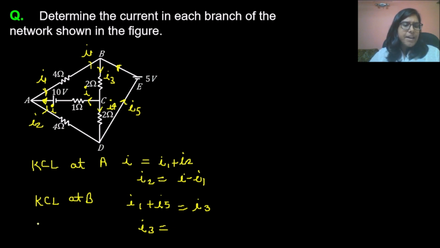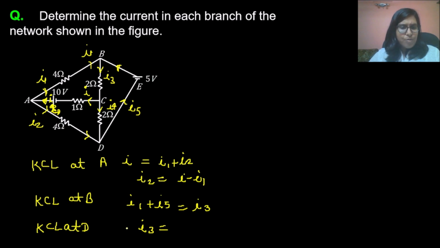Now we will apply KCL at D. So at D, this is I2. Sorry, this is I2. This I is written for this. So I2 is coming, I4 is also coming, I5 is leaving.